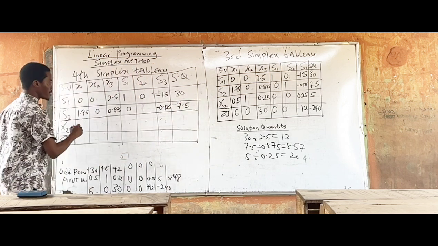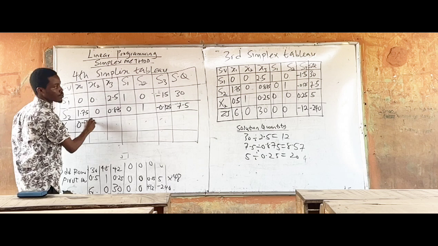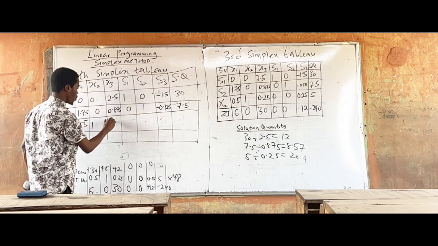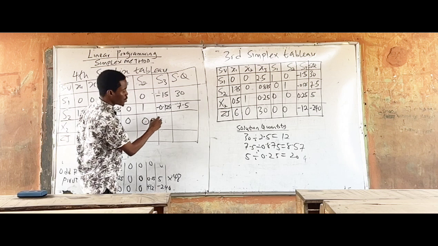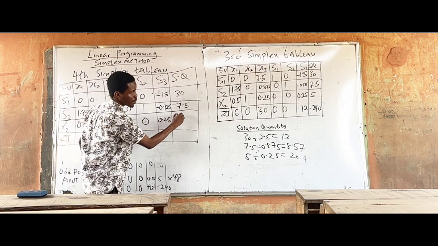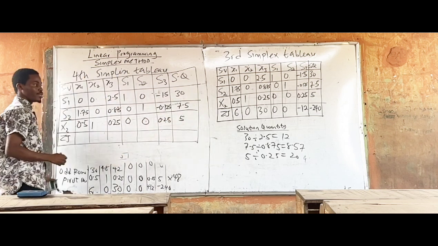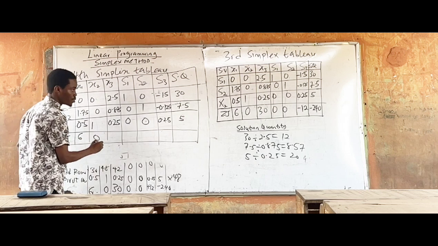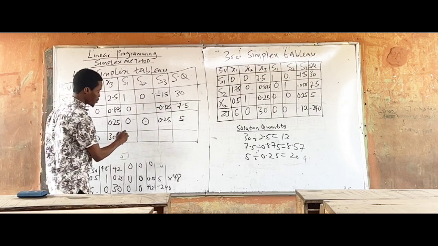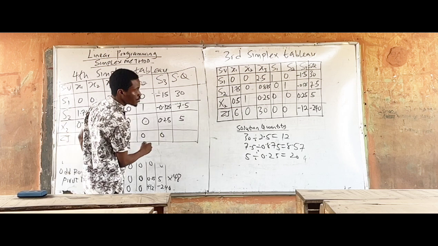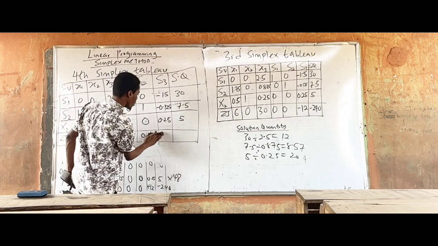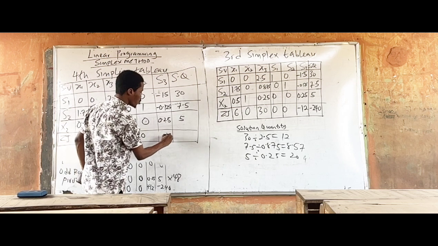Then my s2 is 0.5, 1, 0.25, 0, 0, 0.25, and 5. Then my zj elements are 6, 0, 30, 0, 0, 0, minus 1.2, then last is minus 240.